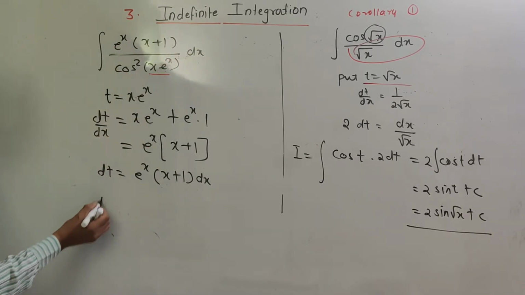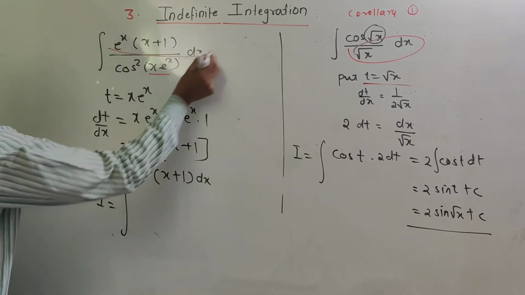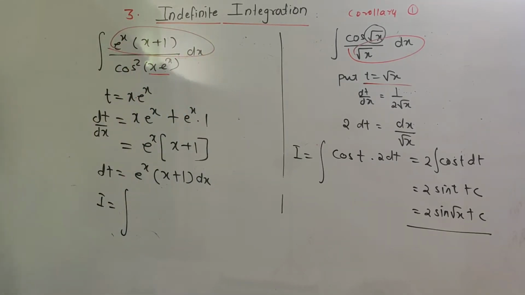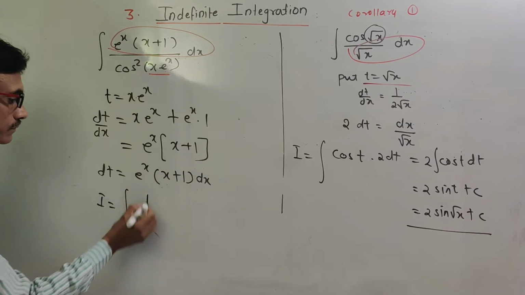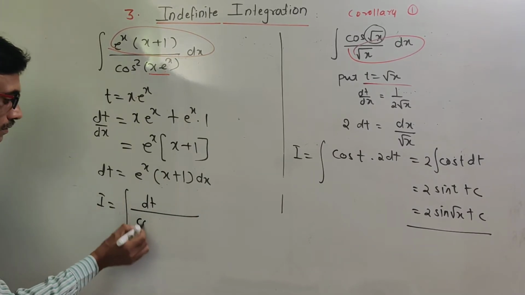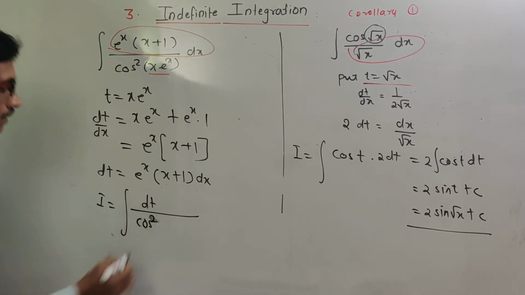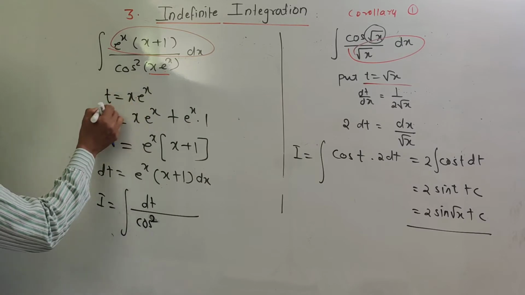Therefore integral I is equal to, see this e raised to power x, x plus 1 dx, which is dt, and denominator is cos square of x e raised to power x, which is t.